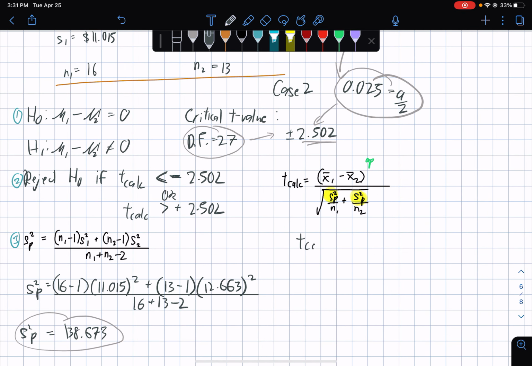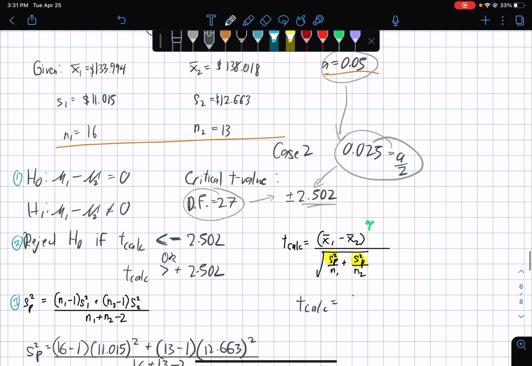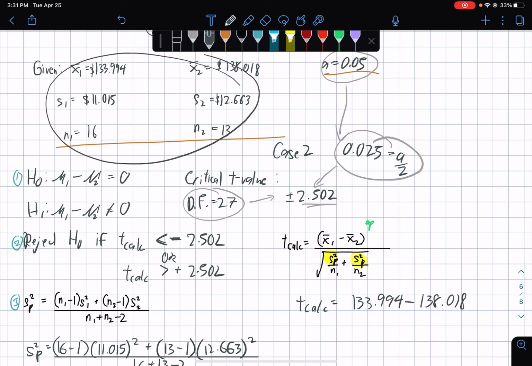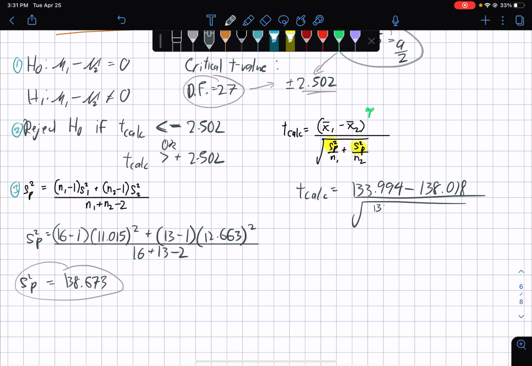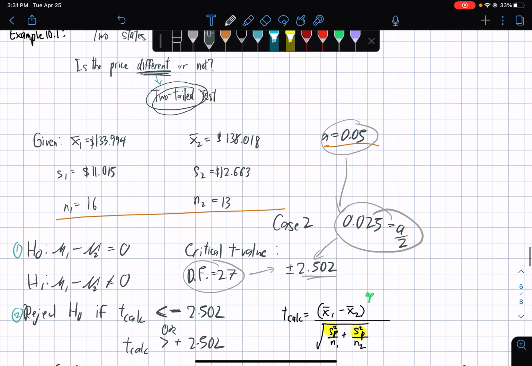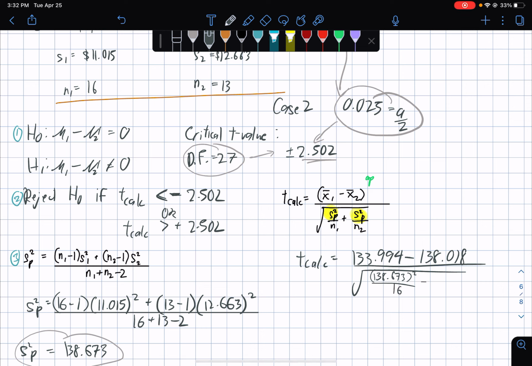Dito natin na-apply. T calc is equal to what? X bar 1, 133.994 minus 138.018. We base it from here, the given. Square root of 138.673 over n1, which is 16, plus 138.673 over n2, which is 13.